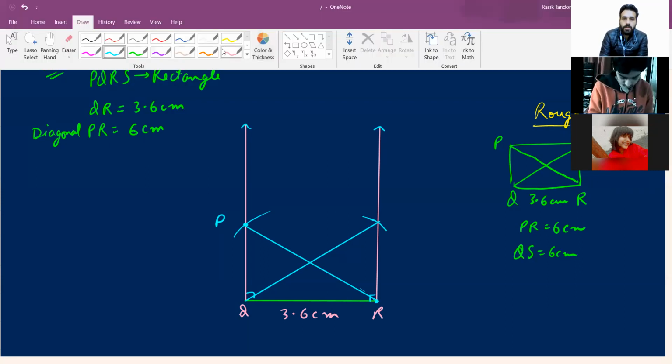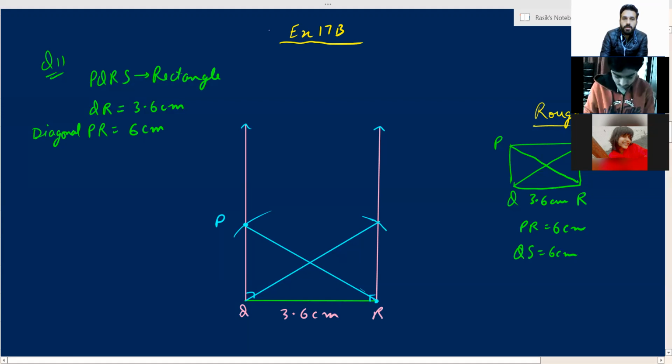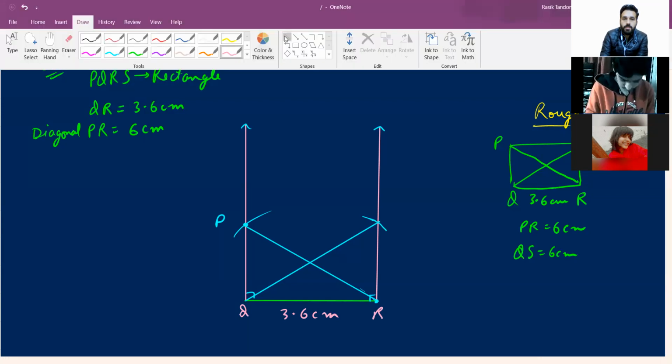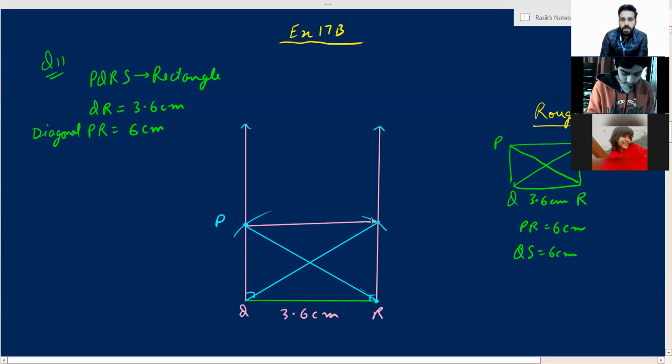Now join PS and you will get the rectangle.